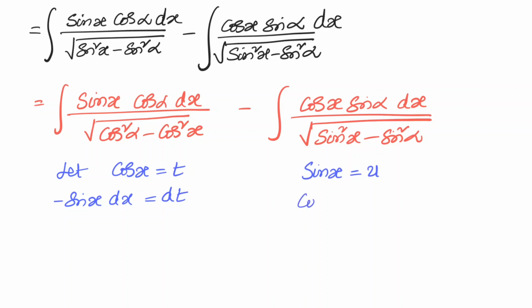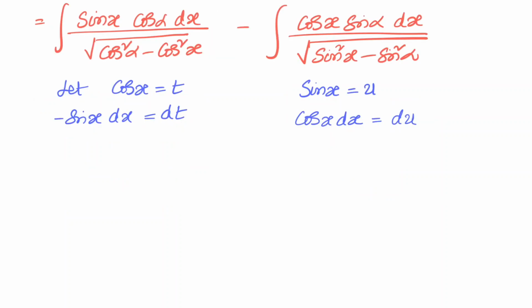So let cos x equal t and sin x equal u. Then minus sin x dx is dt and cos x dx is du. So the first integral will become minus cos alpha dt divided by square root of cos square alpha minus t square.